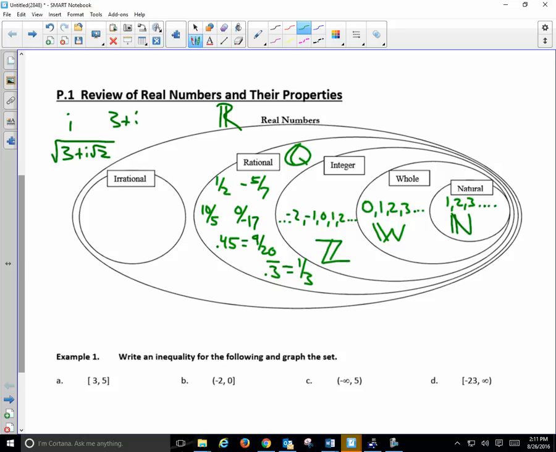Okay, so within these real numbers, we have one more set. We have irrational. So we have these rational numbers, but we have some numbers we haven't talked about yet. Any idea what they are? Do you know what an irrational number might be? Pi would be an example of an irrational number because it goes on forever and it never repeats itself. You got an idea of another one?